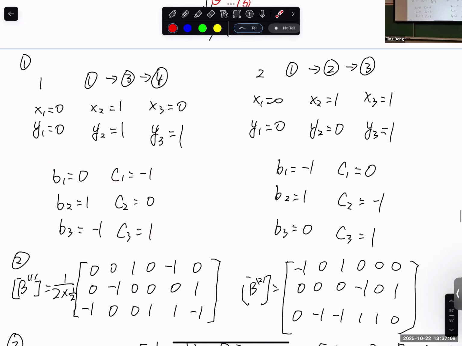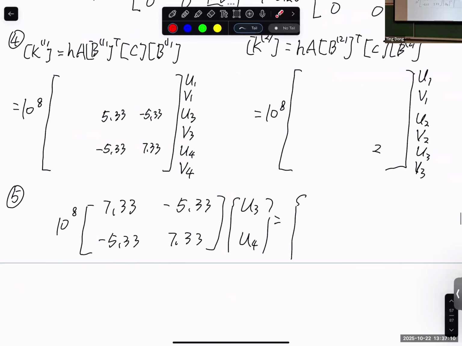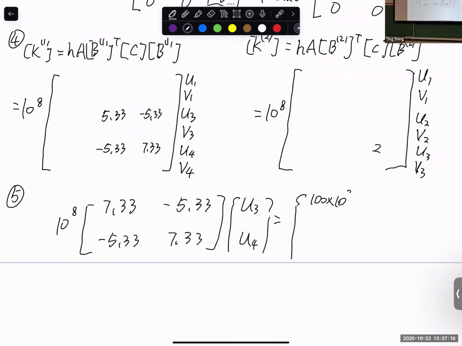Thank you. Thickness, edge length, half. And the same thing for node 4: 100 kilonewton, thickness, edge length, half.